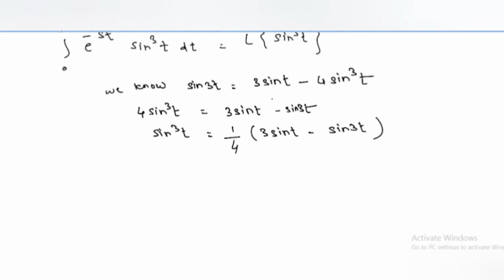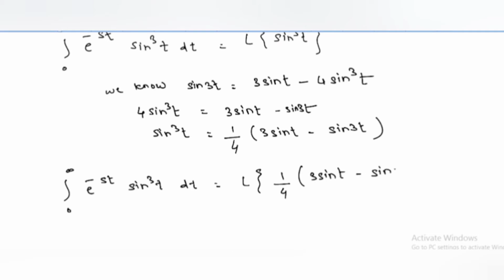Now we substitute the value in this formula. So integration from 0 to infinity e raised to minus st sin cube t dt is equal to Laplace transform of 1 by 4 in bracket 3 sin t minus sin 3t. Separate the Laplace on this minus sign. Here 1 by 4 is a constant term, so we take it outside, and 3 is a constant term, so 3 times Laplace of sin t minus Laplace of sin 3t.